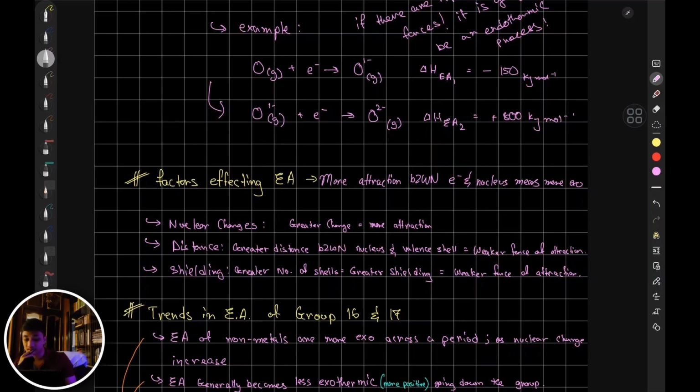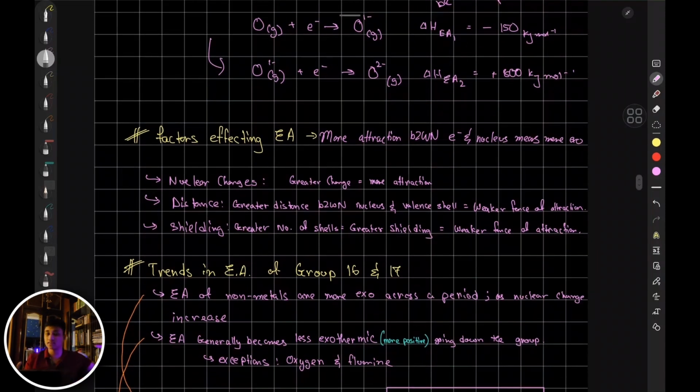Alright, so the next factor is distance. Greater the distance between nucleus and valence shell, weaker force of attraction, obviously, because the further you move away from the nucleus, the less pulling force and the less energy the nucleus will have to pull an outside electron. If you move further away from the nucleus, there will be less force on that electron. Why? Because there is a greater amount of distance.